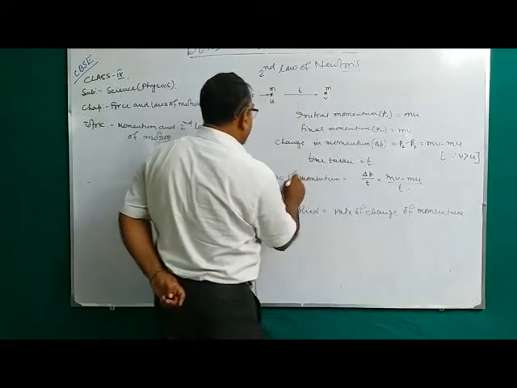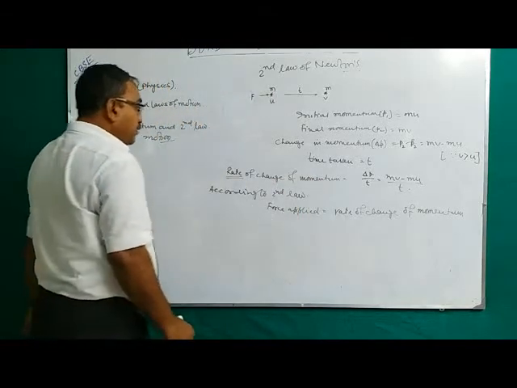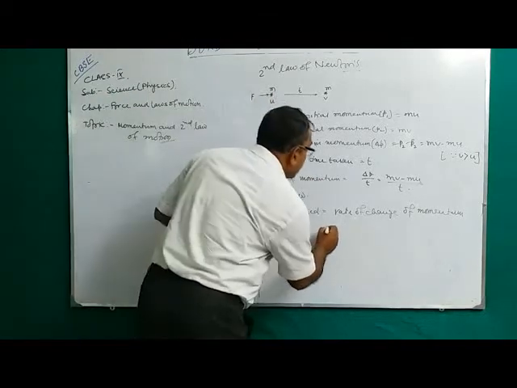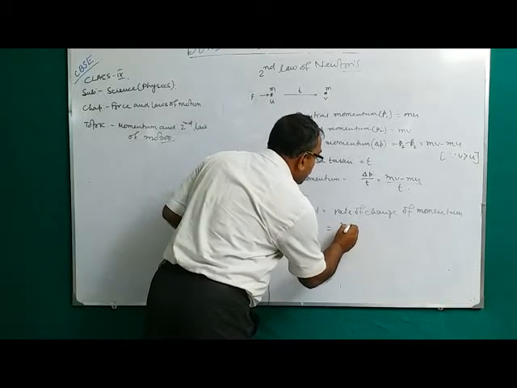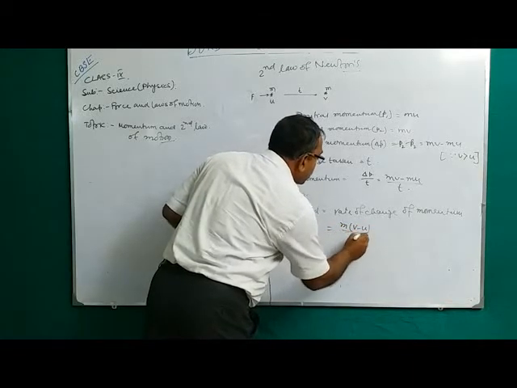Change of momentum. Okay? So this is equal to m into (v minus u) by t.